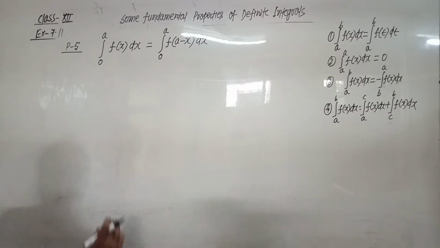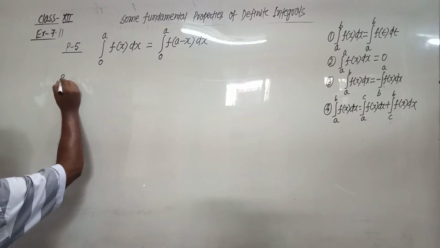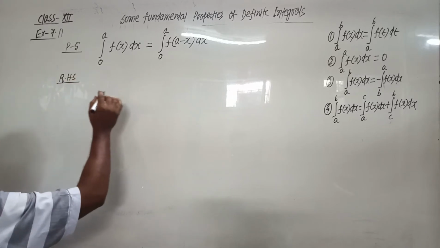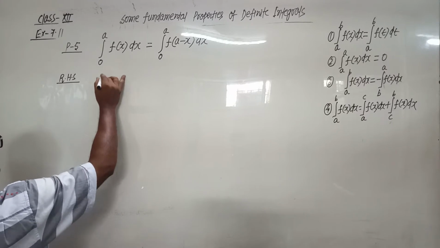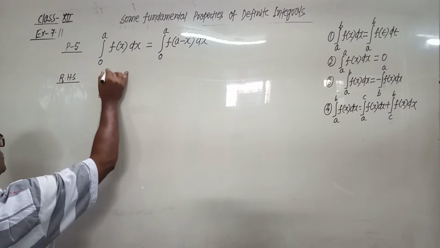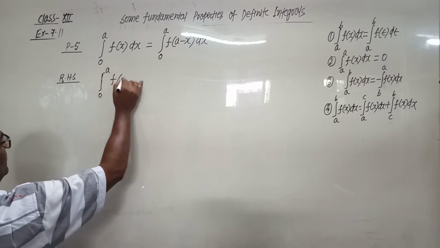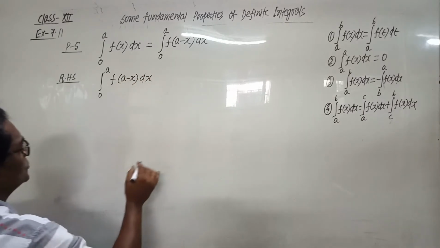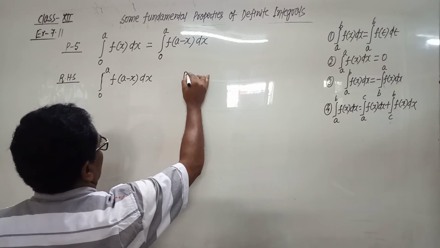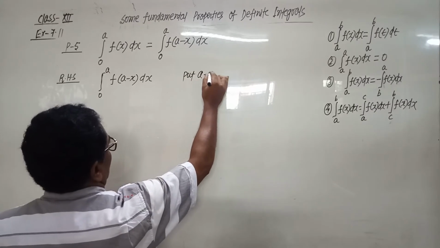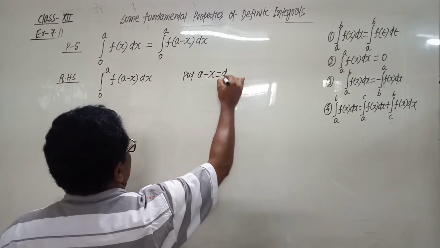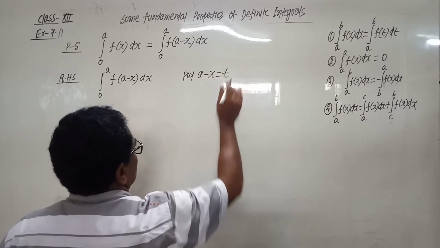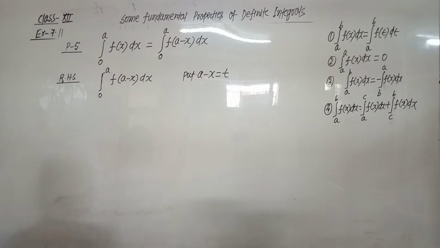So let us prove it. We solve the RHS. The RHS is the integration from 0 to a of f(a minus x) dx. Put a minus x equals t and differentiate both sides with respect to x.